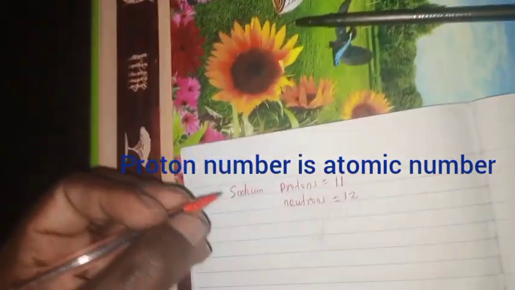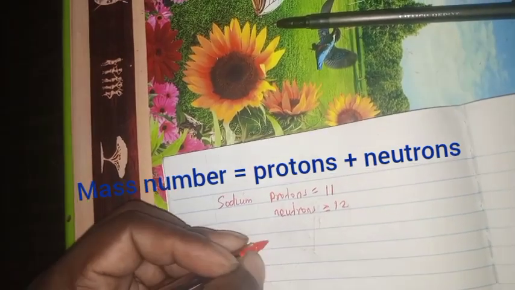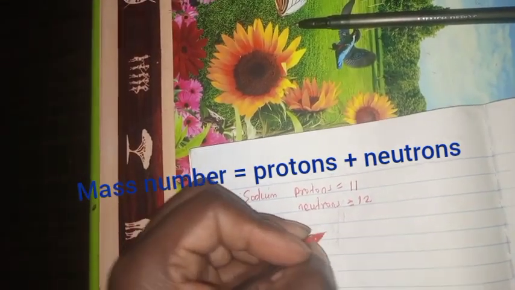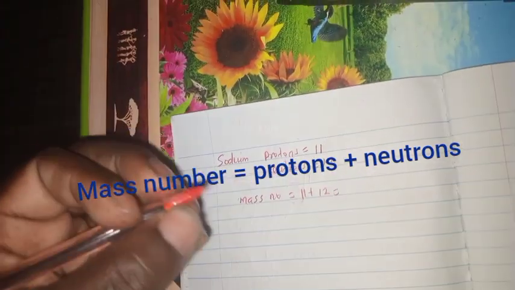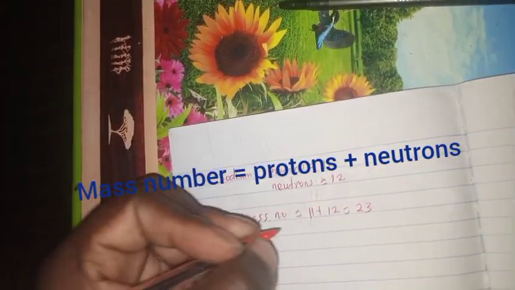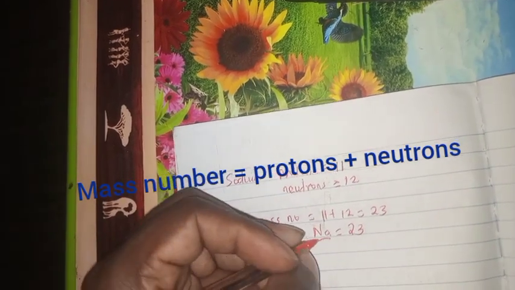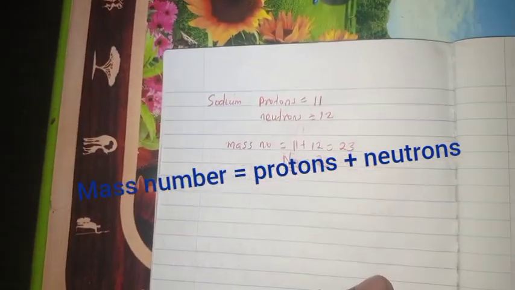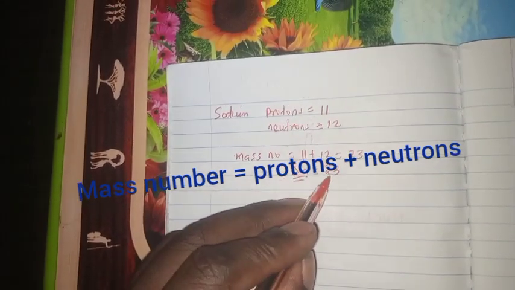For that reason, the mass number will be proton number 11 plus neutron number 12, which gives 23, and that's why you find that Na is equal to 23, where Na, natrium, is the chemical symbol for sodium.